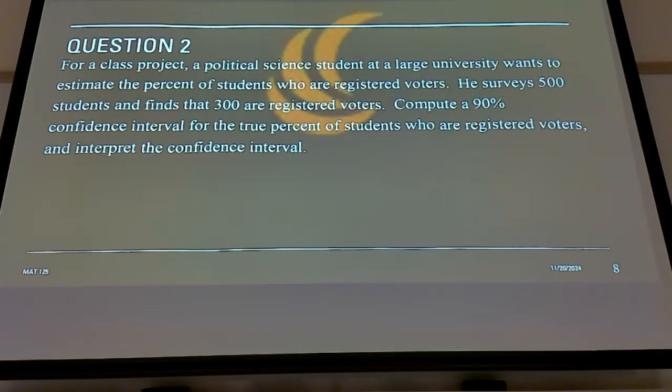Is the population at least 20 times the sample? So again, 500 times 20 is 10,000. Is it safe to assume that a large university has at least 10,000 students registered? Yes, I'd say yes. It's not going to be on the same scale as a city, but I'd say a large university probably has at least 10,000 students.